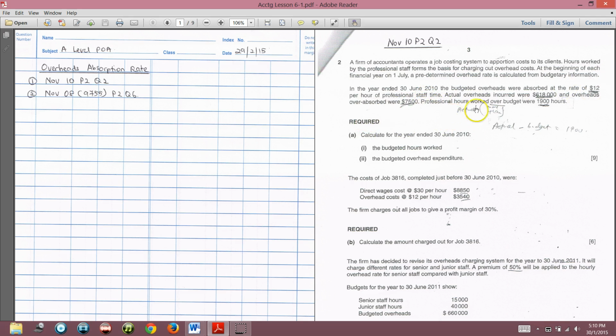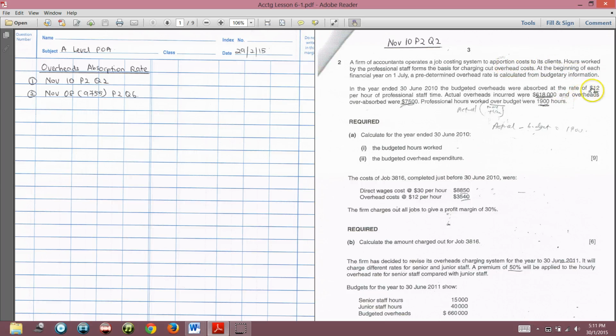Okay, so how do you calculate the overhead absorption rate? It is said here that a predetermined overhead rate is calculated. Hours worked by professional staff form the basis of charging out overhead costs. It operates a job costing system to apportion the fixed overhead costs to its client.